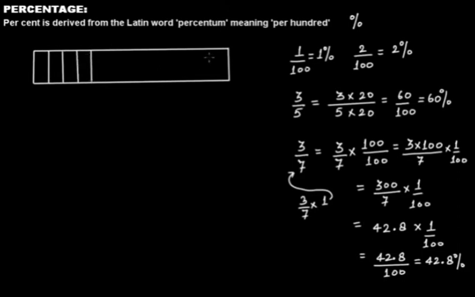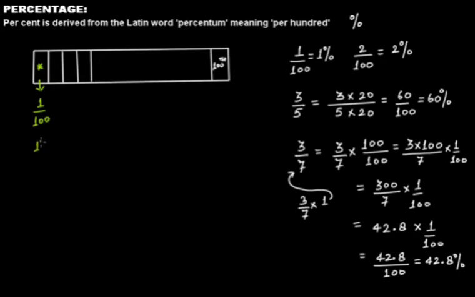So the total, suppose this is the 100th one. Again, if I talk about this one, what fraction will this represent? This is 1 over 100. So what percentage is this? What percentage is this portion out of this whole block?